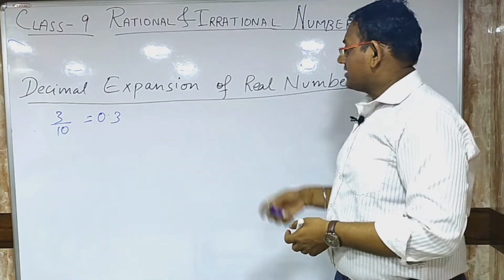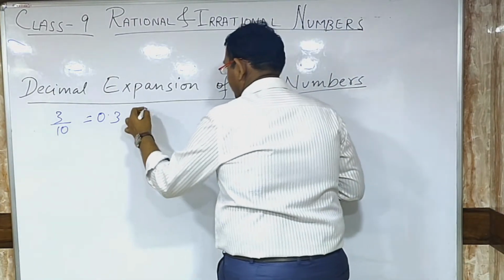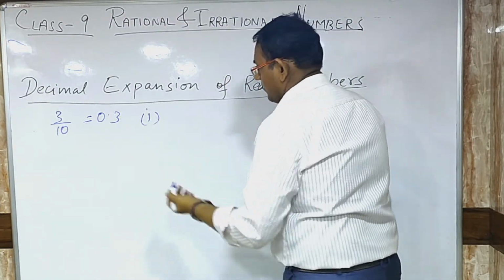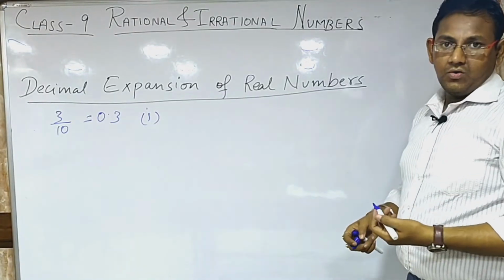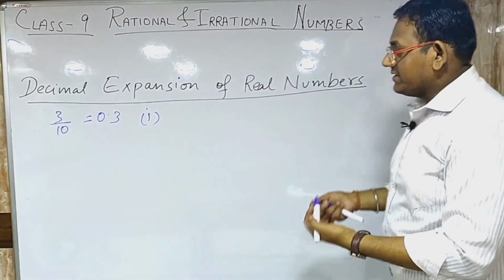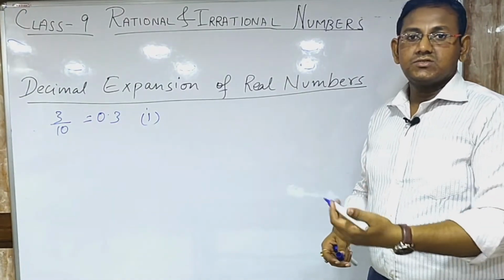Now this decimal expansion of real numbers is of two types. The first one is when we get the remainder to be 0, that is, we divide the number and at some point this division process stops.